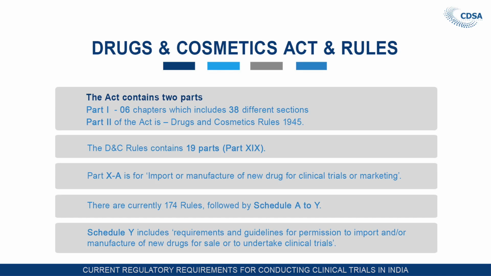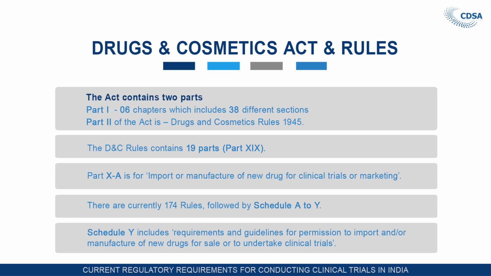Part 2 of the Act is Drug and Cosmetic Rules, and these rules, for the sake of convenience, are again divided into 19 parts. Part 10A is specifically for import or manufacture of new drug for conducting clinical trials or for marketing.